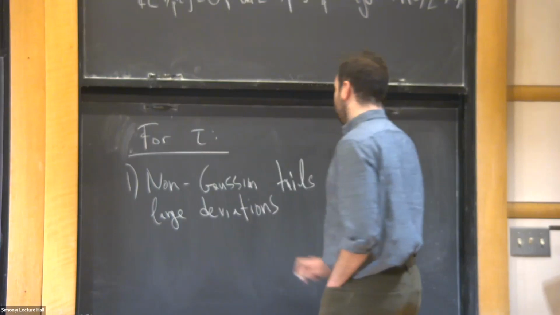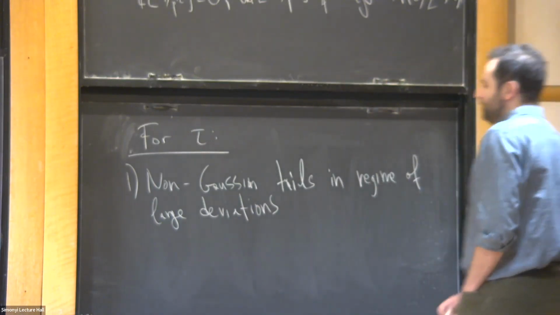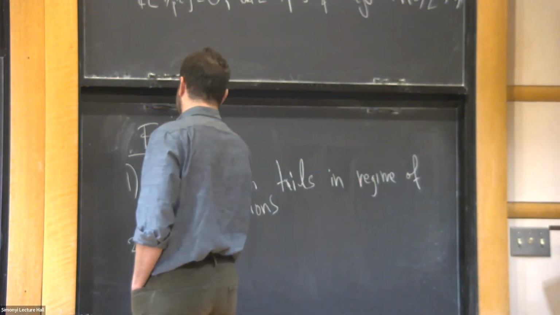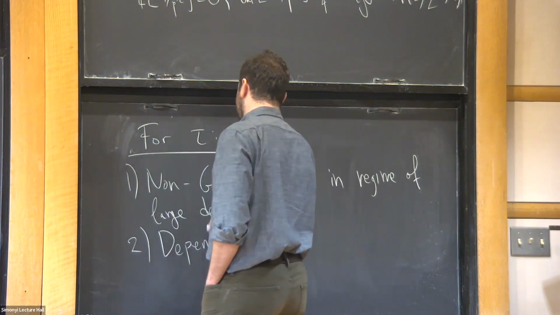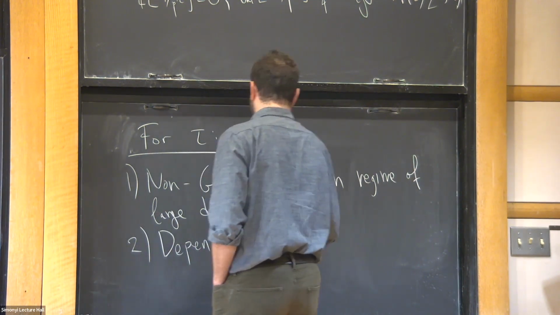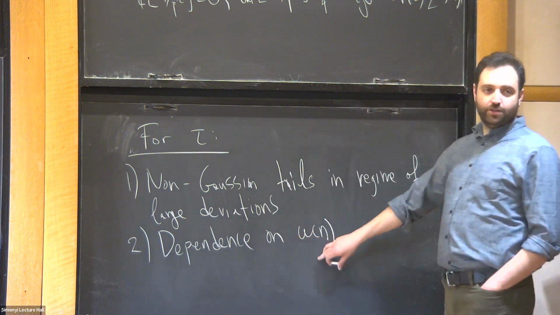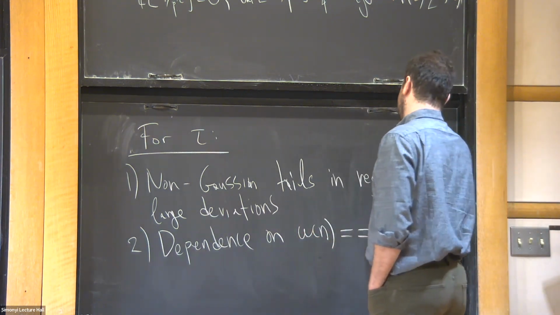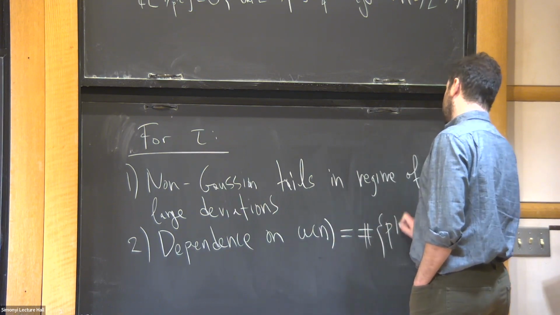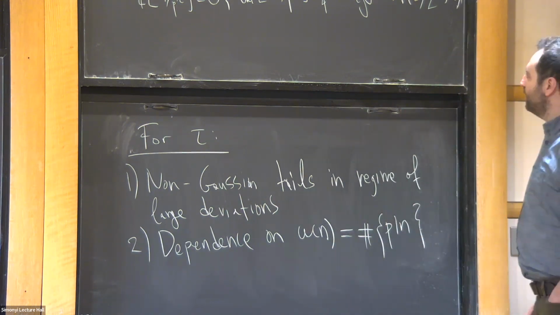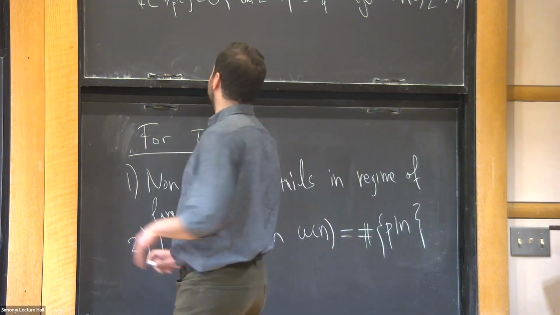And actually, there is another complication. There is a dependence on how many product factors you have. So somehow you have to first condition on how many factors you have, the number of divisors. And the third one is something I have been avoiding so far.